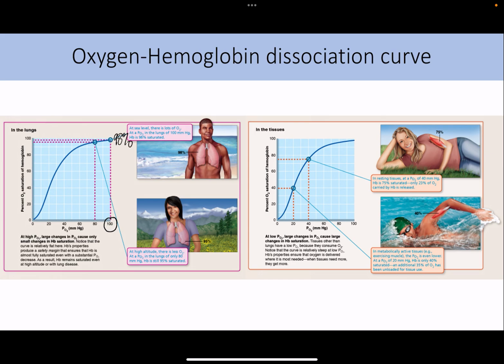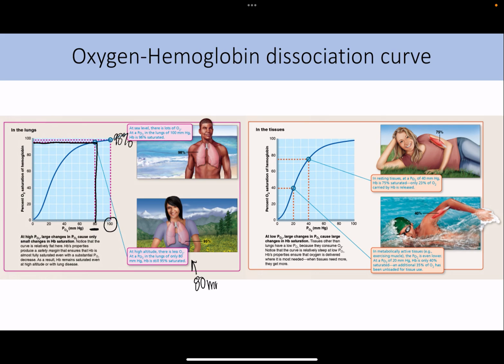And at high altitude, so if you live up at Tehachapi or up really high in the mountains, the air is thinner, there's less oxygen available. But even with somebody who lives in the mountains, it maybe is at about 80 millimeters of mercury, and I think your lecture notes say about 75, but 75 to 80 is around there. 80 is actually going to get you to about 95% saturation.